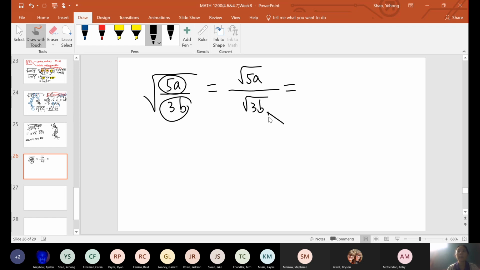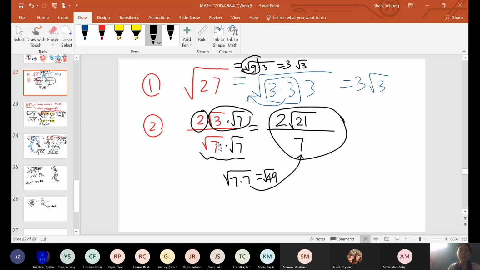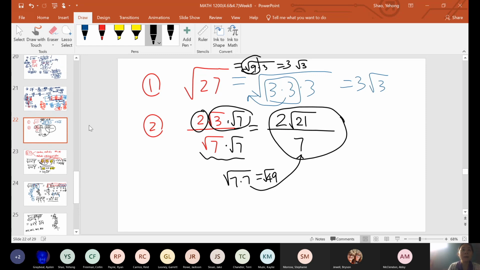And next, again, no radicals allowed in the denominator. So this is not allowed, and we need to get rid of it. Do you remember what we did in that question that I gave you? I gave you the square root of 7. In order to get rid of the square root of 7, I multiply another copy of itself, so I get 2 copies of 7, and that will become a 7.